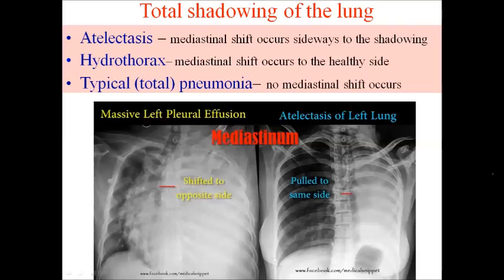Total shadow of the lung is usually caused by atelectasis, hydrothorax, or typical total pneumonia. Differential diagnosis is based, first of all, on the position of the mediastinum. In atelectasis, mediastinal shift occurs sideways to the shadowing.